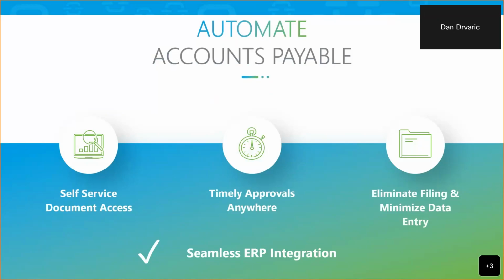As a consequence, the approvals are much more timely. And last but not least, you eliminate the extreme costs, those costs that we saw earlier that are related to filing data, filing documents. All of that can be saved through automating accounts payable with a solution like DocLink.